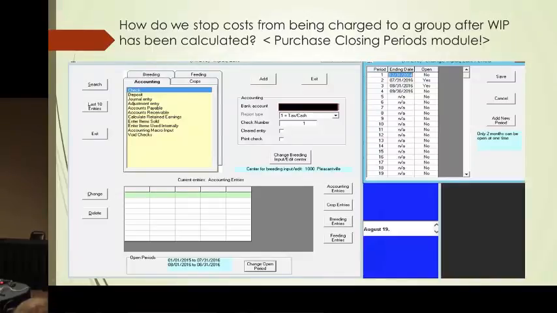But the last thing I do before I move on to another month is recalculate the WIP again, even though maybe nothing's changed, because that's just a little security that we capture anything that may have come in after the fact. But I do like to close periods, give you that control, and it gets your office staff in line too.